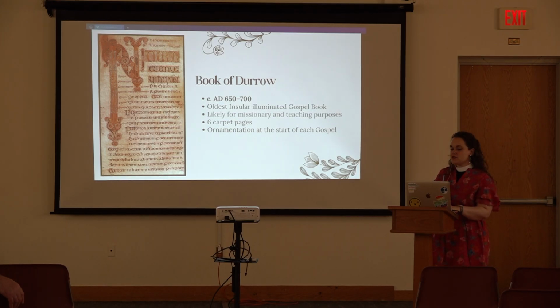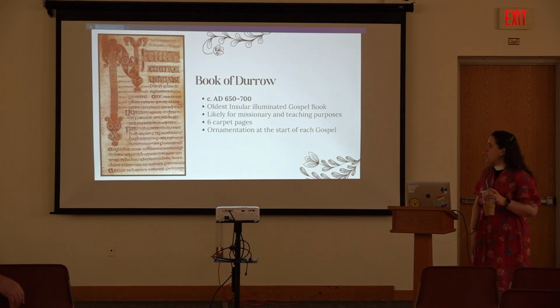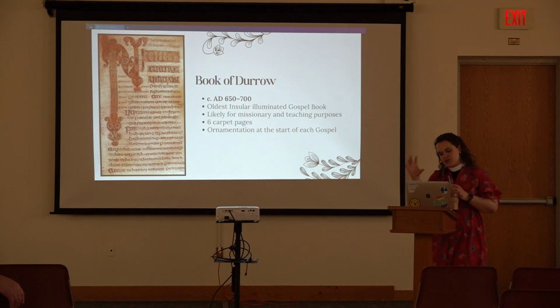So insular script, or insular art, has some particular features that are notable. One of those is these large first letters of a paragraph or chapter. This would be the start of a chapter. I think it's the start of the book of Mark. So that really bold letter starting it off, just the start of a paragraph, would of course be smaller.